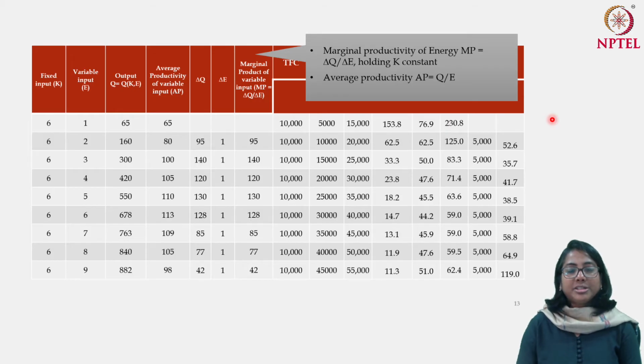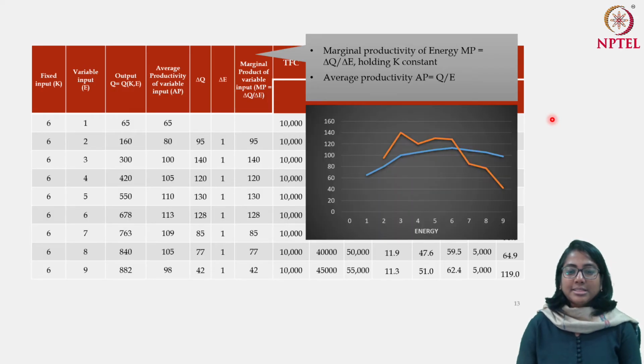Next, we look at the marginal productivity of the variable input, holding the fixed input, that is K, constant. Marginal productivity, if you can recall, is nothing but delta Q by delta E. This is the shape that we are getting. If you look at this blue line here, this is the average productivity of labor, and the orange line is depicting the marginal productivity of labor.